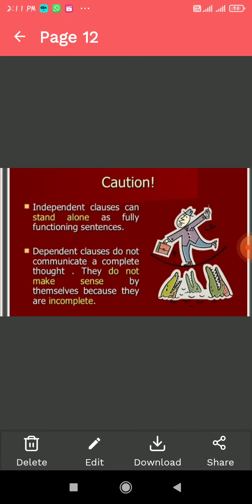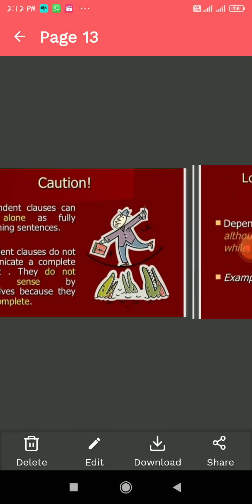Now there are some important points that we should always remember. Independent clauses can stand alone as a fully functioning sentence, whereas dependent clauses do not communicate a complete thought. They do not make sense by themselves because they are incomplete. That's the difference between independent clause and dependent clause.